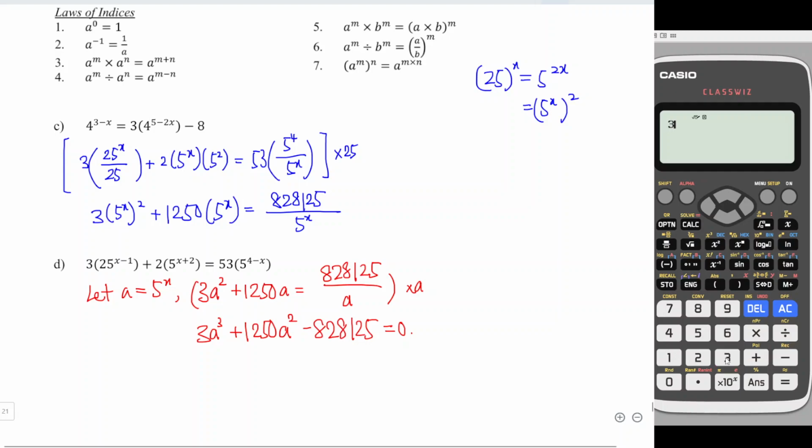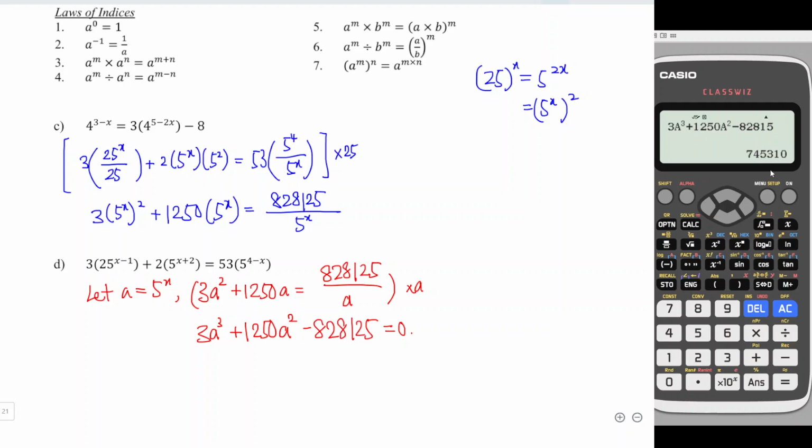We can make use of the unknown in the calculator: 3a cubed plus 1250a squared minus 828,125. So we calculate when a equals 25 and see whether it equals 0. Okay, it's not equal to 0.